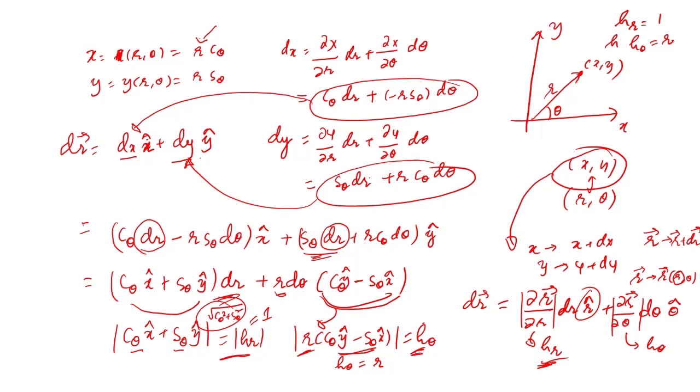So once we have identified the scale factors, everything else becomes easy, because now I know how to write dr. dr is essentially h_i dq_i along q_i. So now we have figured out that the scale factors are h_r equal to 1 and h_theta equal to r.